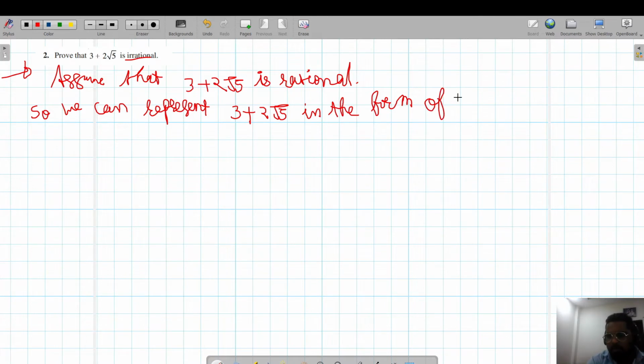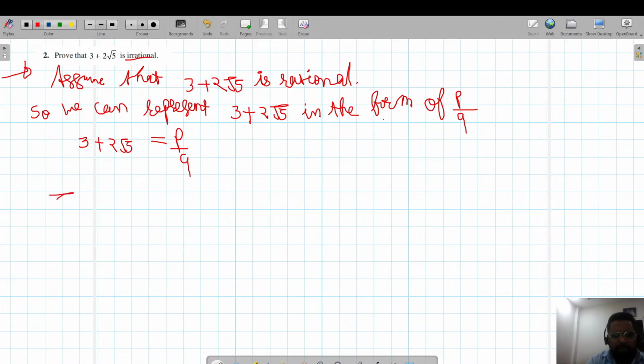So 3 plus 2 root 5 is equal to p upon q, because we have assumed that it is a rational number.